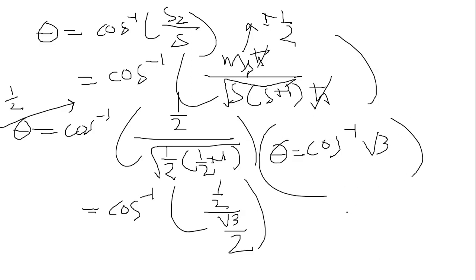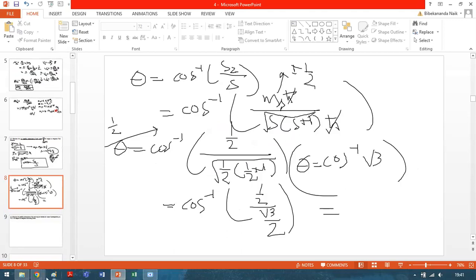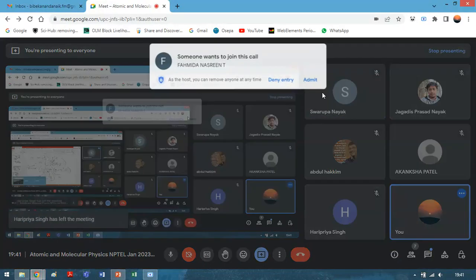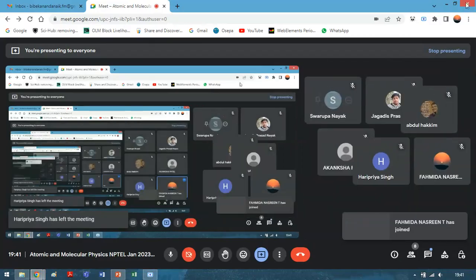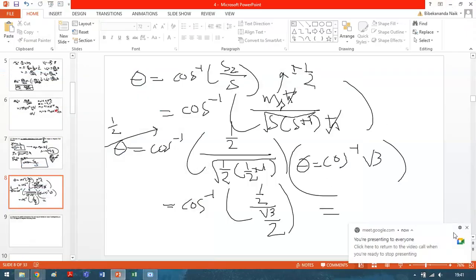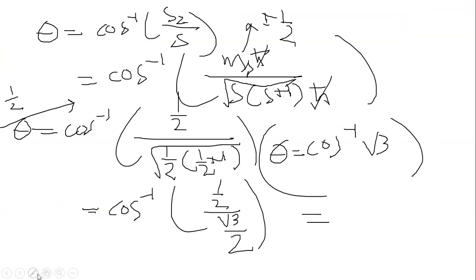So what is the value of theta then? Cos inverse of 1 by root 3, how much?